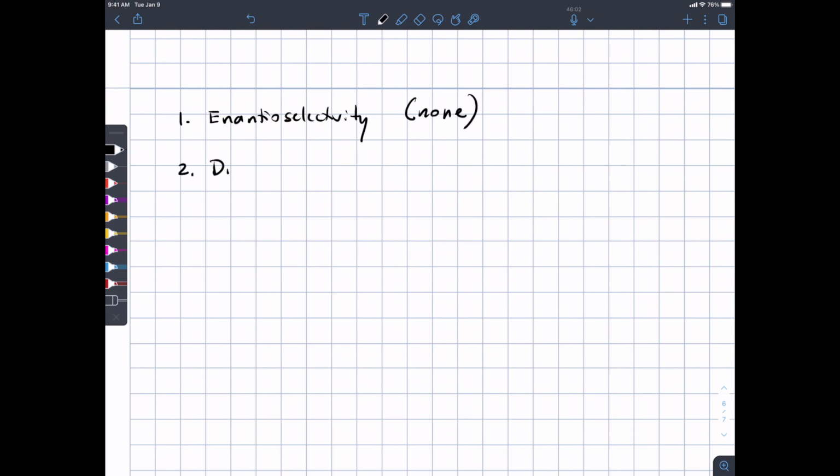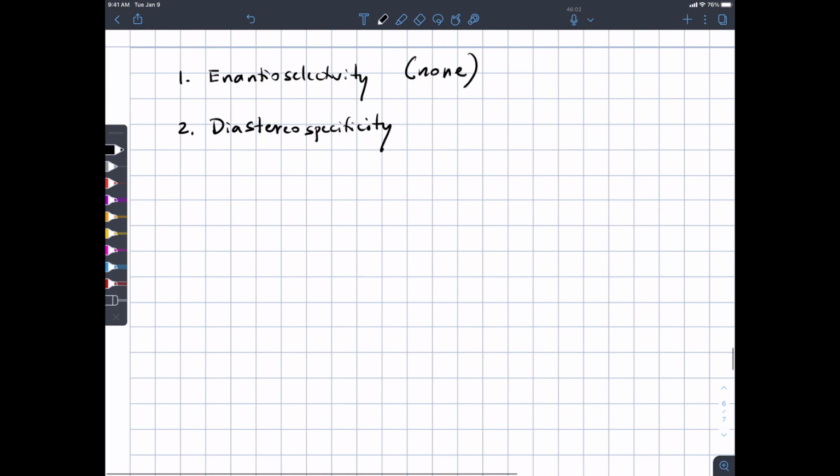We're going to need to talk about something called diastereospecificity. That's going to relate to how the structures on the diene and the olefin influence the substituents on the product and their stereochemistry.